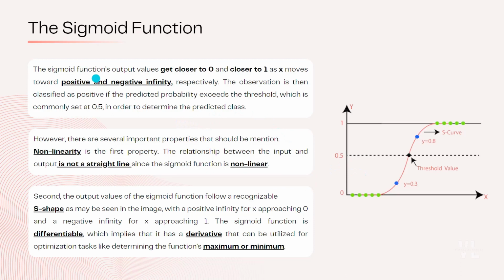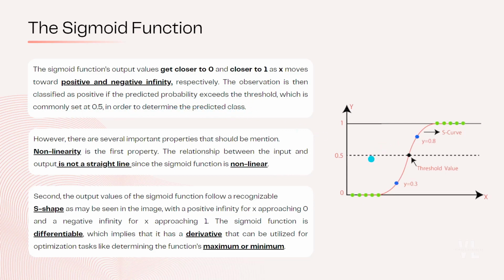The sigmoid function's output values get closer to 0 and closer to 1 as X moves toward negative and positive infinity, respectively. The observation is then classified as positive if the predicted probability exceeds a threshold, which is commonly set at 0.5, in order to determine the predicted class.